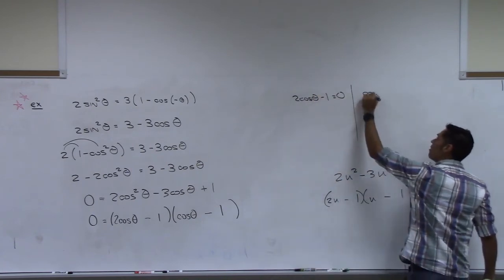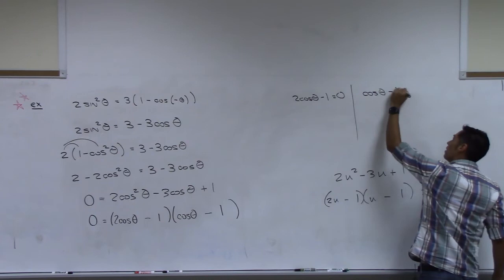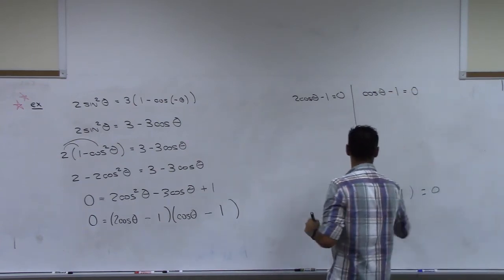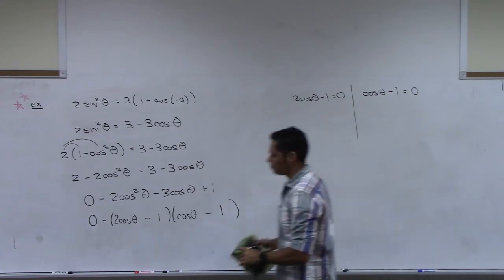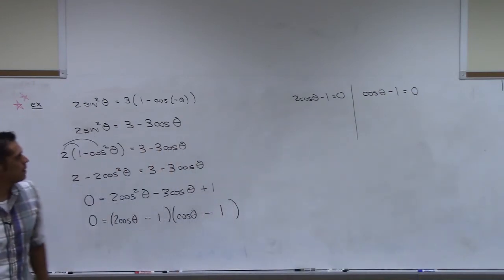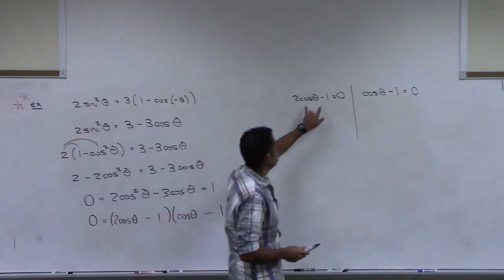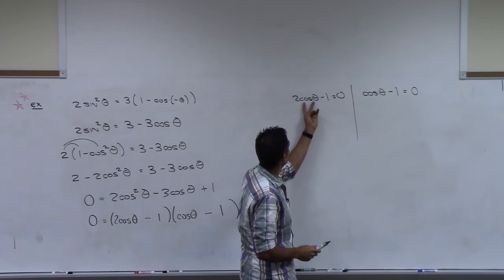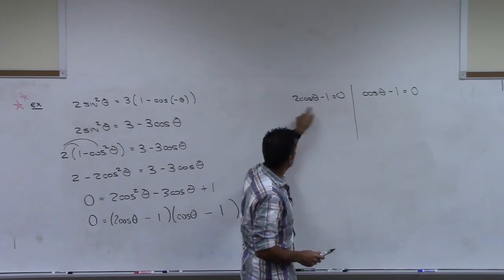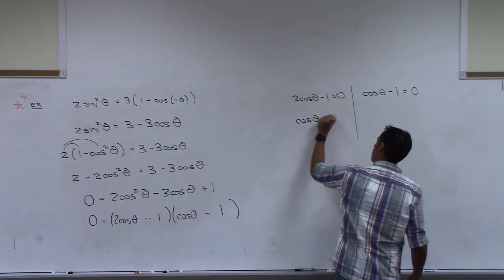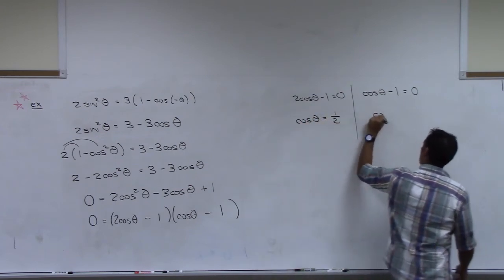The other one is cosine theta minus 1 equals 0. On that first equation, this looks like the little linear one that we had earlier. We're just going to isolate cosine theta. So add 1, divide by 2. Cosine theta is a half, and cosine theta is 1.